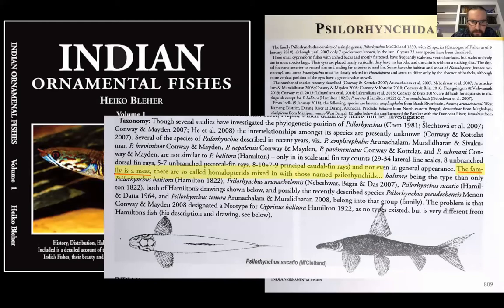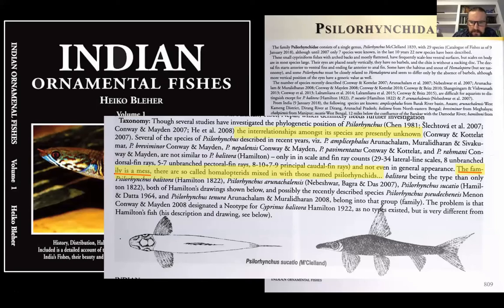He said that there were so-called homolopterids mixed in with those named Cyrenaicads. He also said that the interrelationships amongst its species are presently unknown, and he cited a study from 2007. A lot has happened since 2007, and we do have, in my opinion, a good understanding of the interrelationships of the genus. And so I don't agree with Blair.